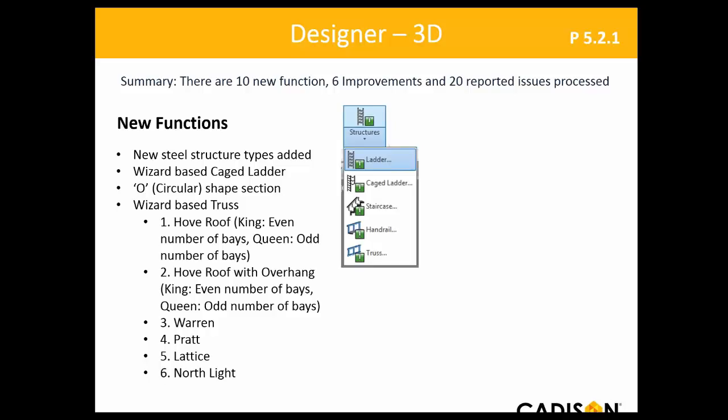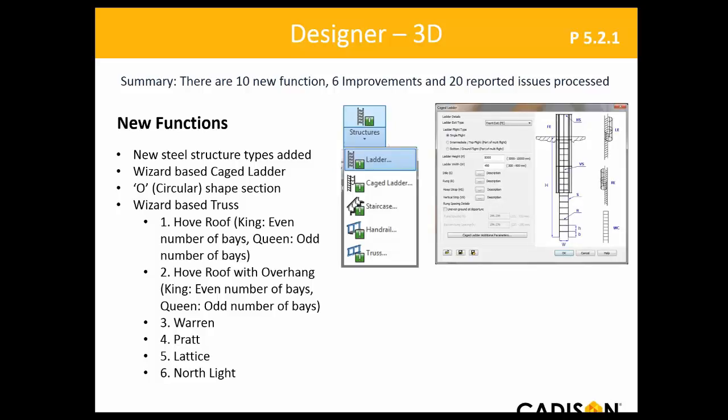And if you're looking at this point, we now have 2 wizards, one for the caged ladder and one for the trusses, and we will also have a new shape section so that we can have O's, we can make elbows. So whenever we have a vessel in a platform, we can also make a security part around this. So, and that is now our caged ladder.